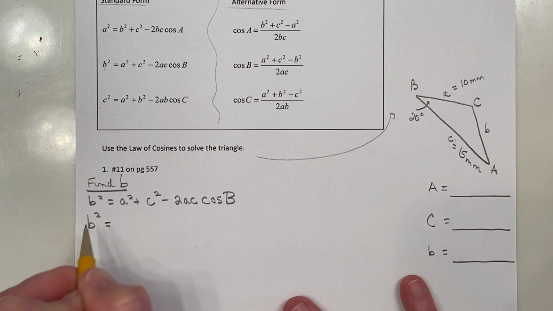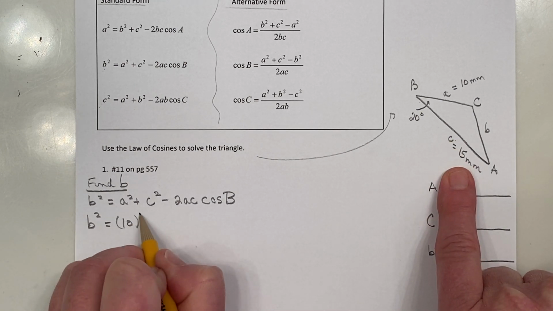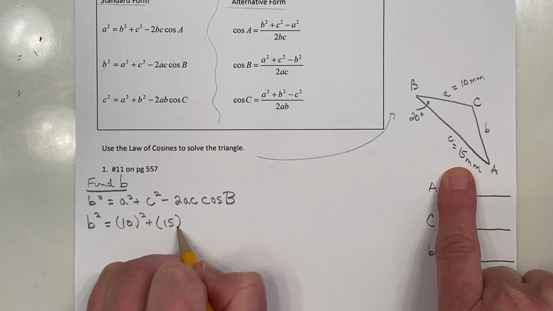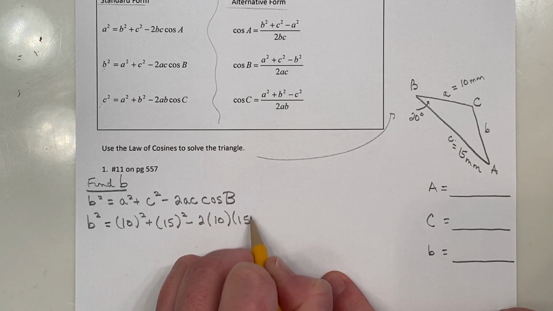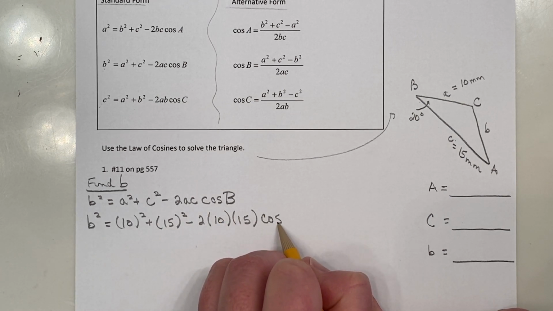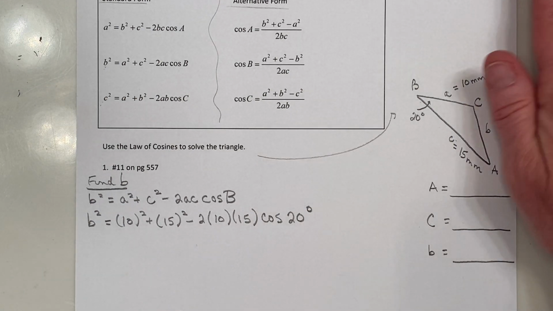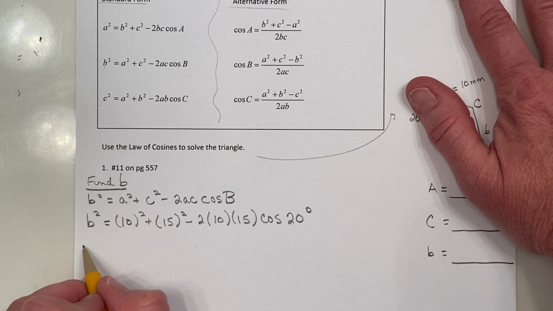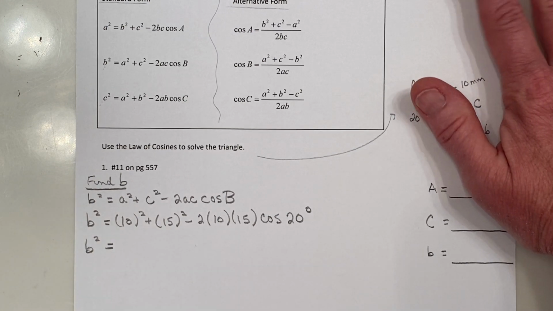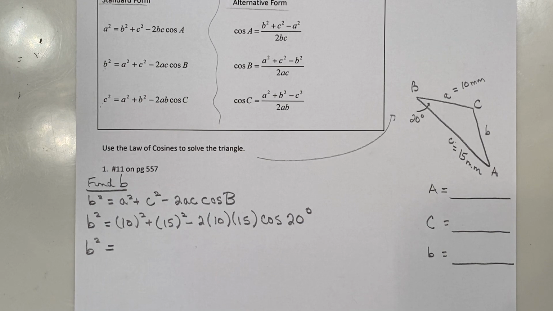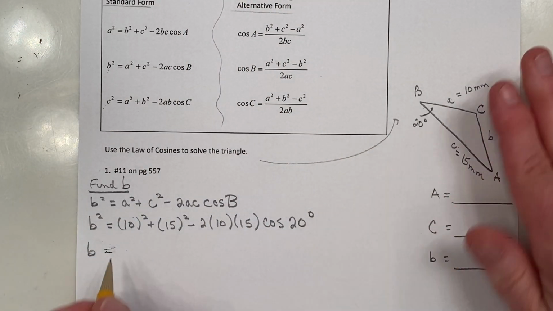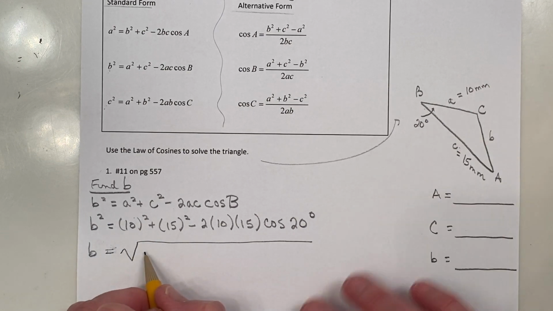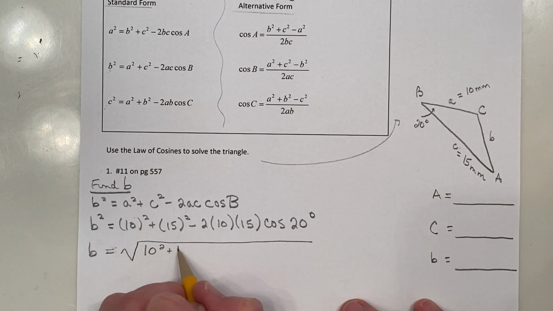So b squared, a is 10, c was 15: 2 times 10 times 15, and then cosine of 20 degrees. We could put all that in our calculator, find that value, and then take the square root. To avoid that, we can go right to b and say b is equal to, because we're going to square root both sides, and put all that underneath the radical.